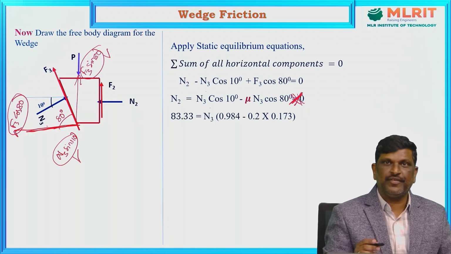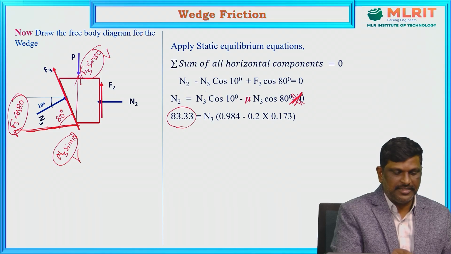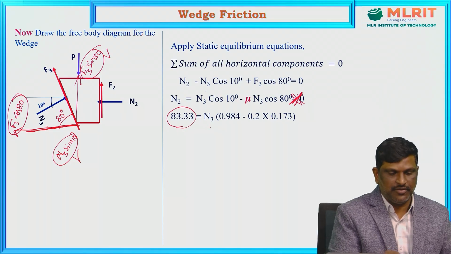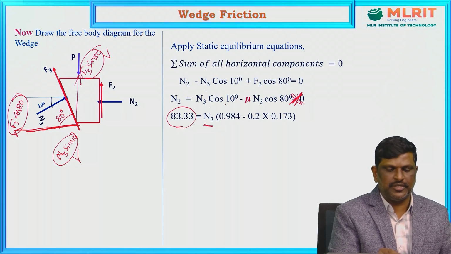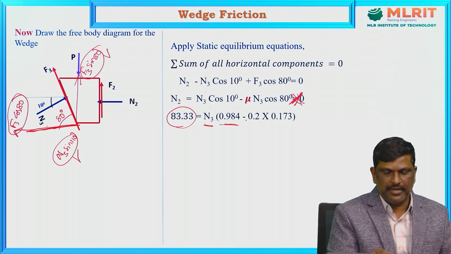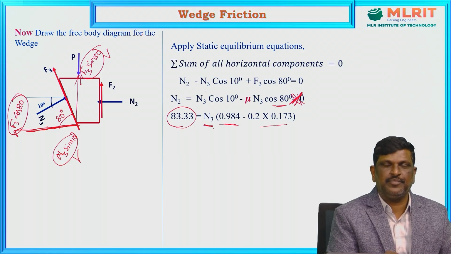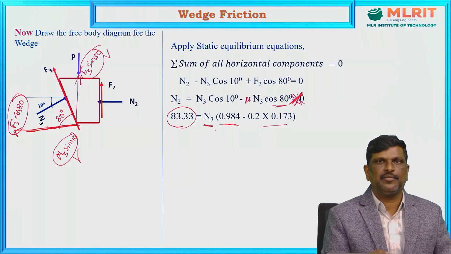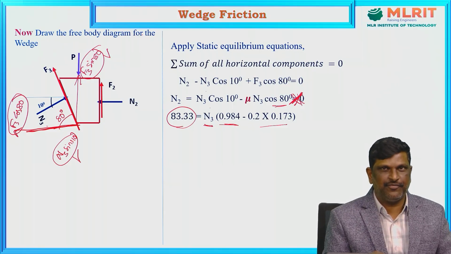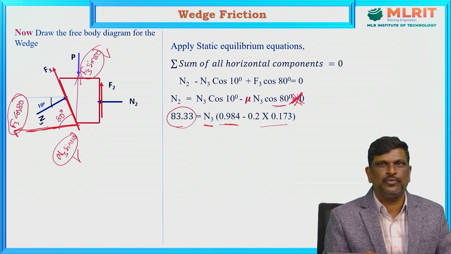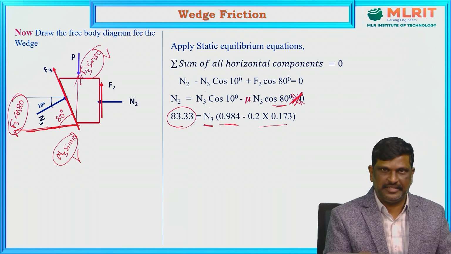So substitute the known values now. 83.33, which is N2, is equal to N3 into, substitute the values of cos 10 and cos 80 in this equation, 83.33 is equal to N3 multiplied by 0.984 minus 0.2 into 0.173.